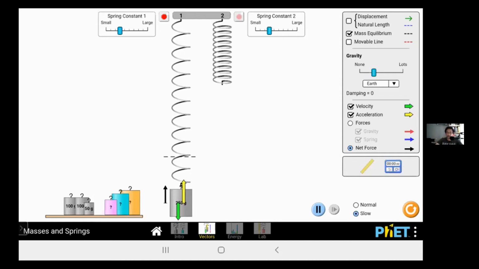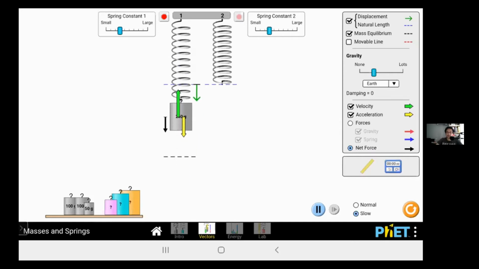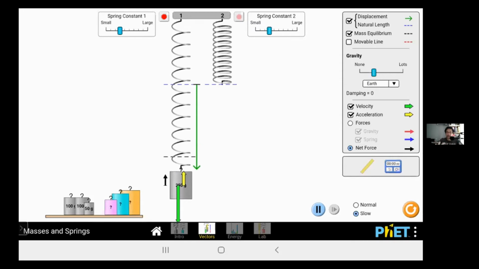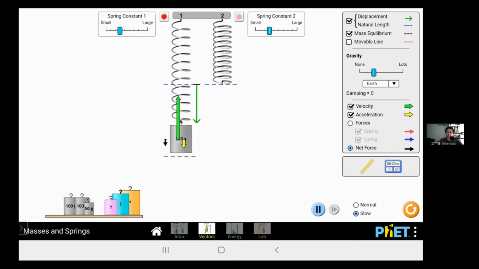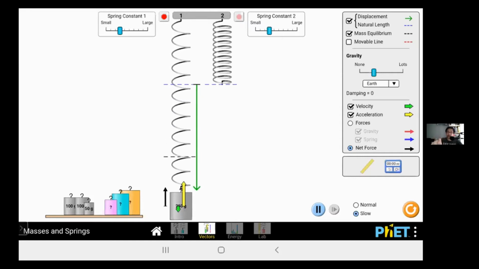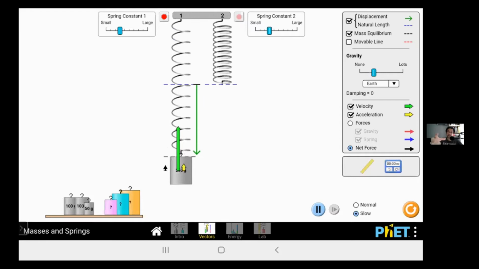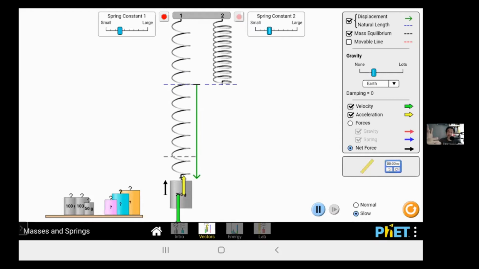And just to complete this whole thing, I can put a displacement on it. Here we go. But this one is a little bit complicated because we're doing things in the vertical direction. Every time you do everything in the vertical direction, you always have the gravitational pull. So the displacement that they are showing right here is with respect to the unattached spring. It means it's the natural length of the spring that has no mass attached to it.